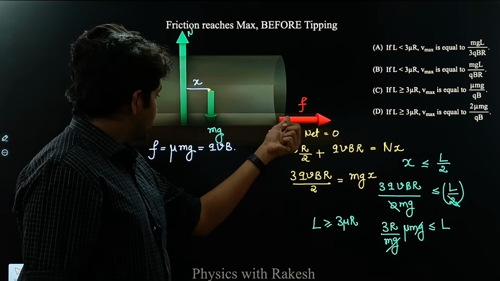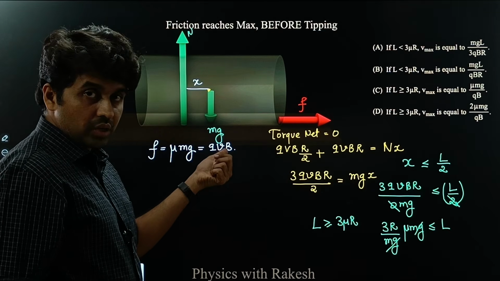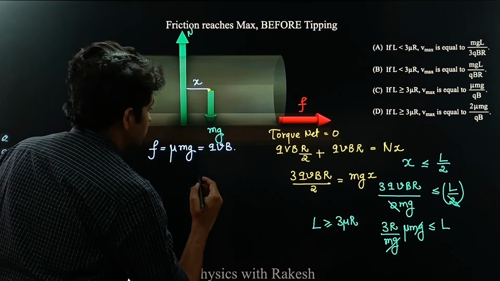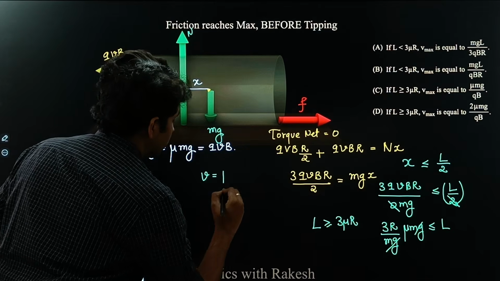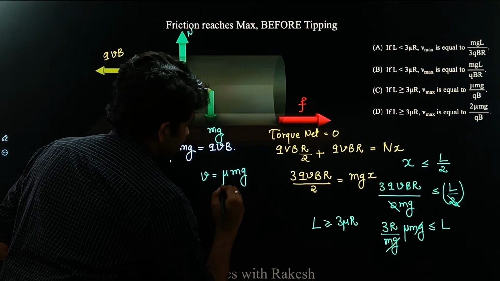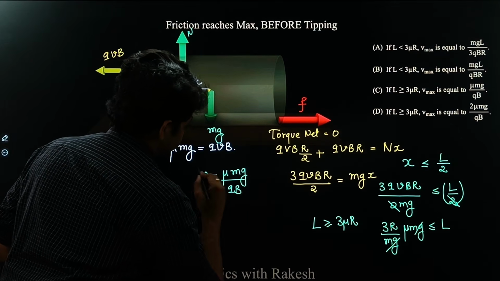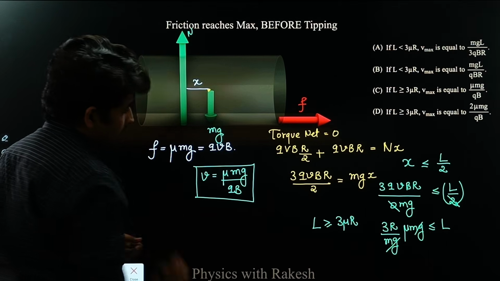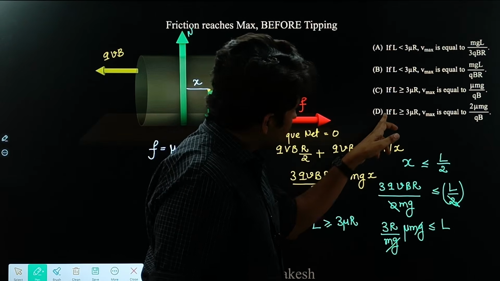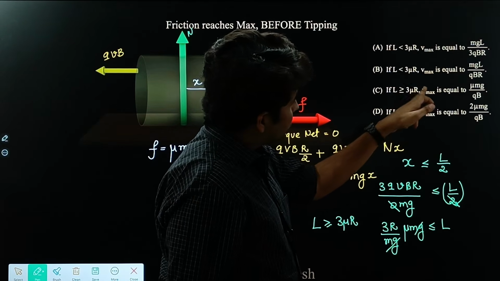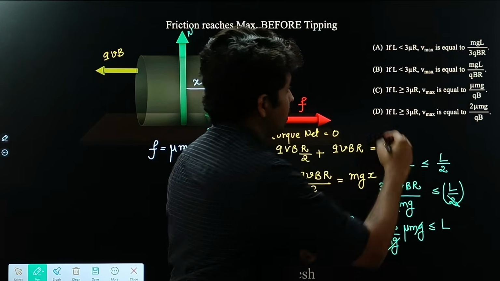At this instant the speed is V equal to mu mg divided by Q. So for L greater than or equal to 3 mu R, the Vmax equals mu mg divided by Q.